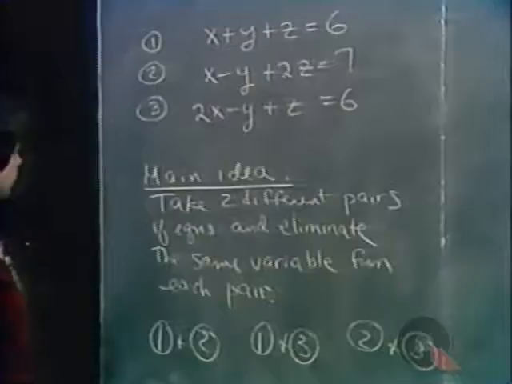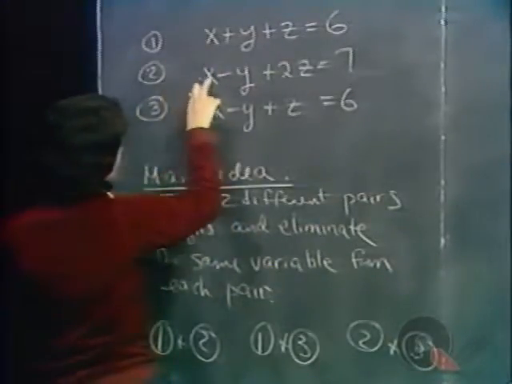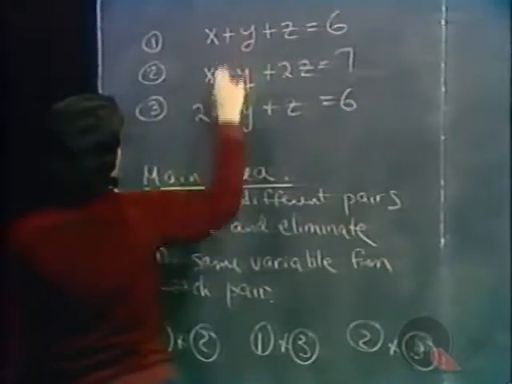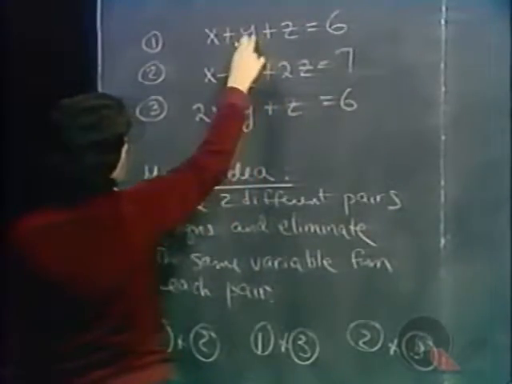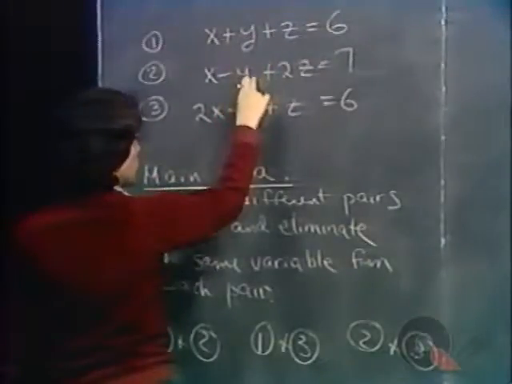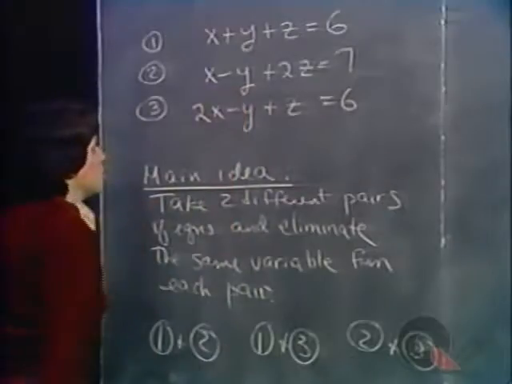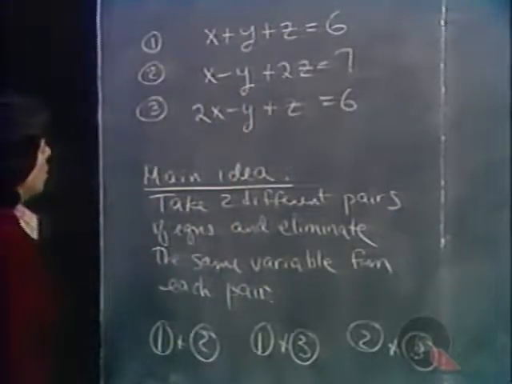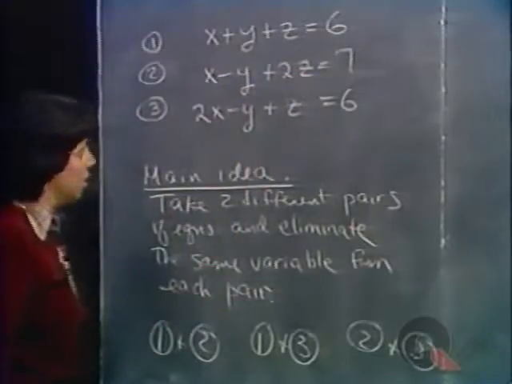For example, we can see here that if we were to add equation 1 with equation 2, when we add these 2 equations, the variable y would drop out because the two y terms here, one has coefficient +1, one has coefficient -1. Okay, so we could eliminate y from equations 1 and 2 very simply.